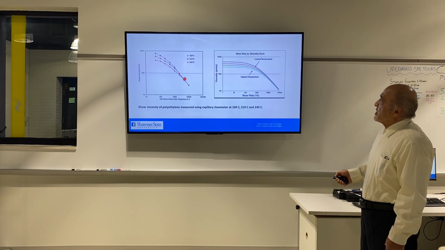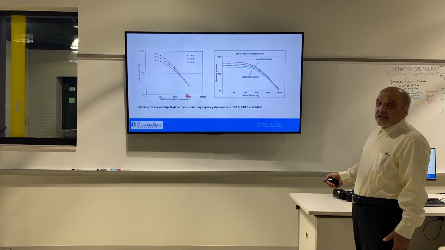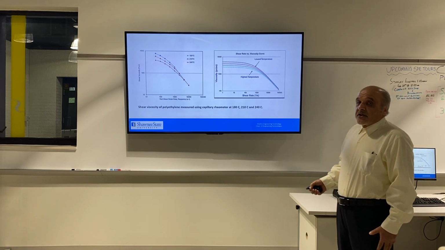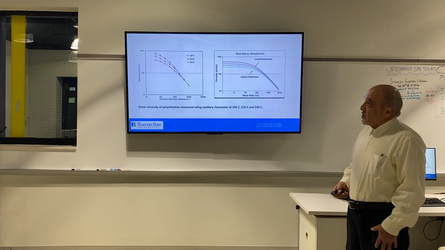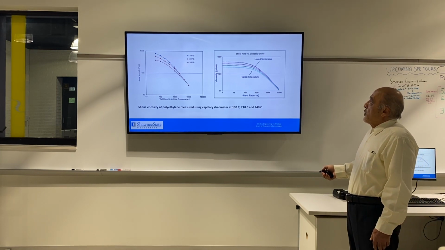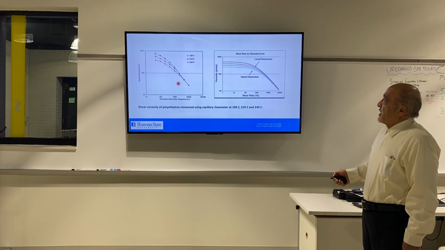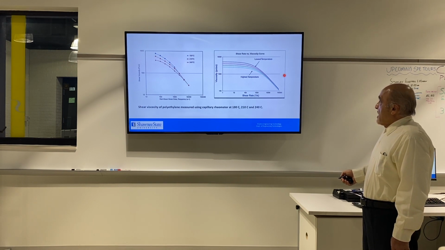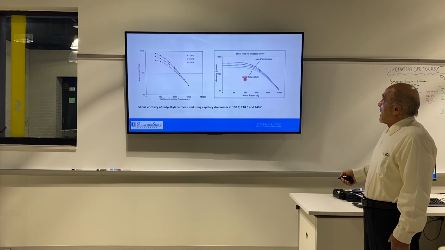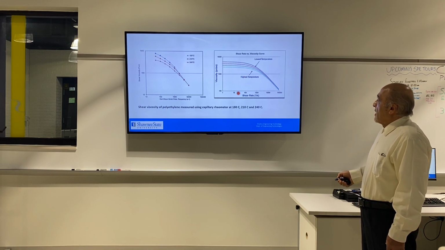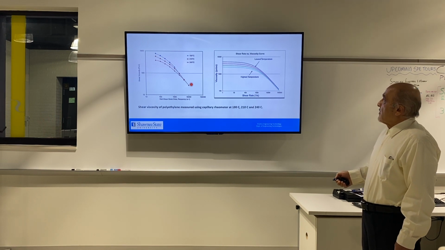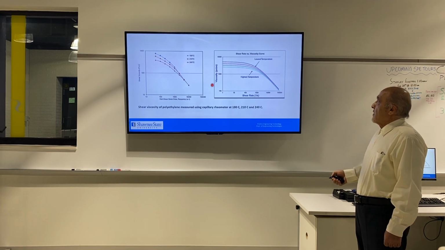And as you change the temperature, actually in this experiment we are doing constant temperature, but you can change the temperature. By changing temperature, you can see variation of the shear rate versus viscosity. So this is a typical graph for any material that you are testing. For example, for polyethylene or polyester, we would see the same graph, of course with different values.